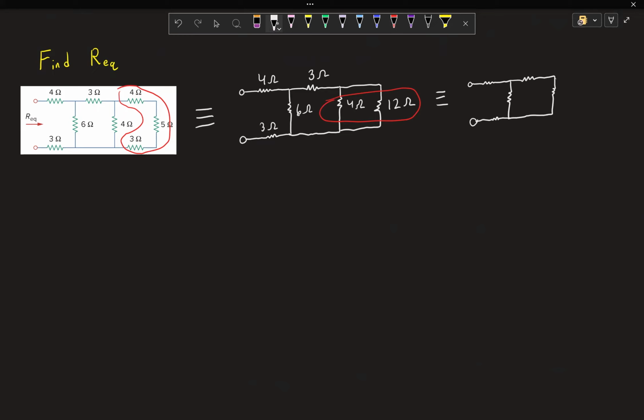Except now we're going to replace the end resistor with the parallel combination. So remember the formula for two parallel resistors is just R1 times R2 over R1 plus R2. So in this case, we've just got 4 times 12 over 4 plus 12, which is just going to be 3 ohms. And then you just rewrite all the other ones.